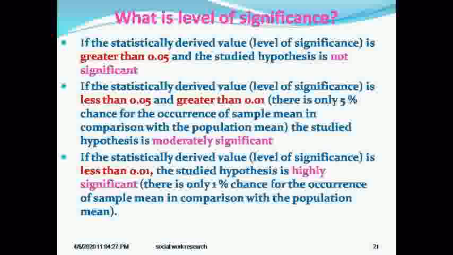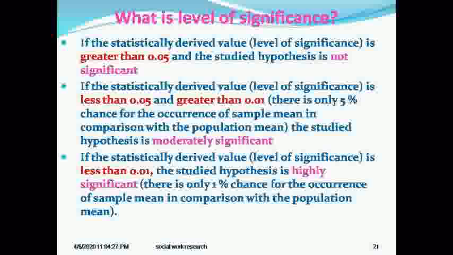If the value is between 0.05 and 0.01, there is some moderate significance. There is some relationship; the relationship between the two variables is moderately significant.